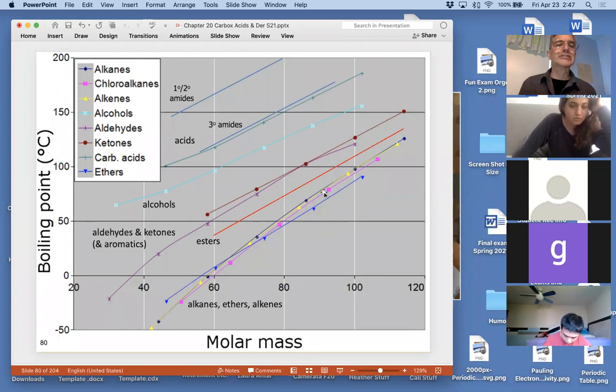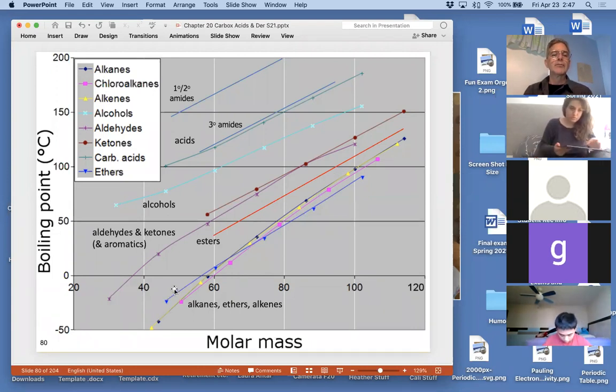Okay, only subtle differences, if any. And what's the last one? Ethers. Okay, so the boiling points of ethers versus alkanes: at small size, the ethers have higher boiling points. At large size, the ethers have lower boiling points. Okay, we're going to call it a tie everywhere.